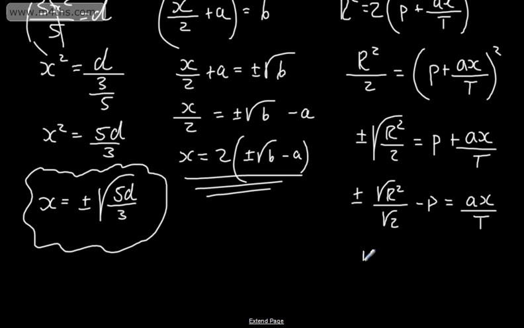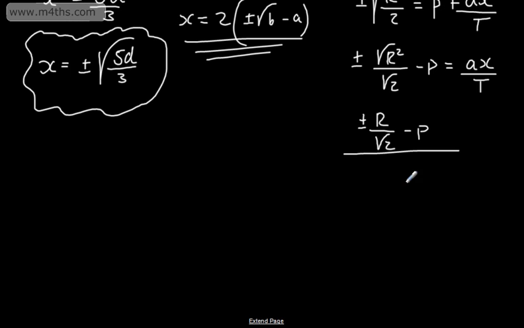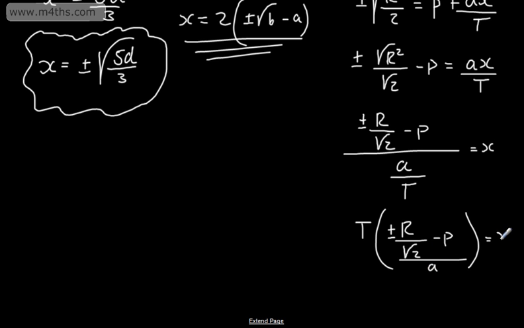But if I just write this first, what we're going to have is plus or minus r over root 2, minus p, divided now by a over t. You could have said at this stage that you're going to multiply both sides by t and divide by a. What this is going to give us is t multiplied by plus or minus r over root 2, minus p, all over a, and that will give us x.